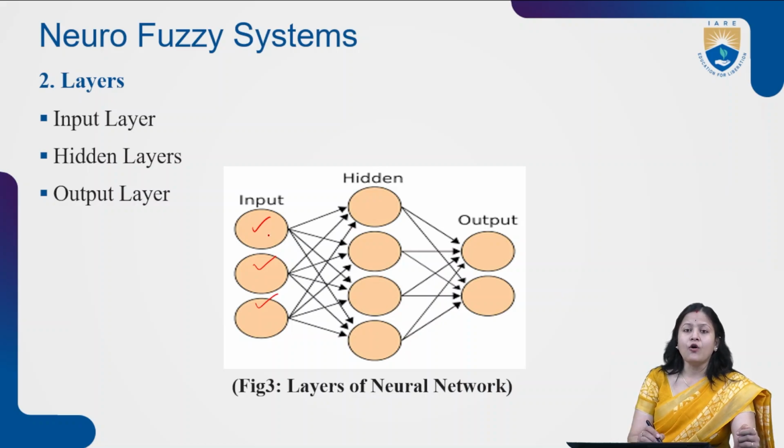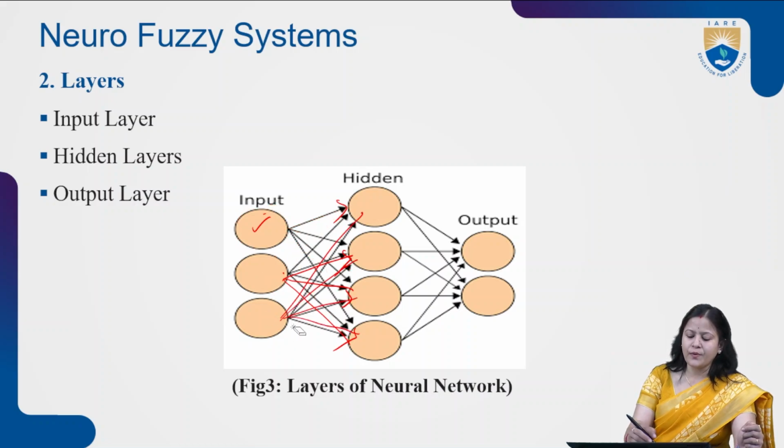Each neuron of one layer is connected with the neurons of the next layer. That means this neuron is connected to all the nodes of the hidden layer. Same thing, the second node is also connected to all four nodes of the hidden layer, and the third is also connected to all the nodes of the hidden layer.